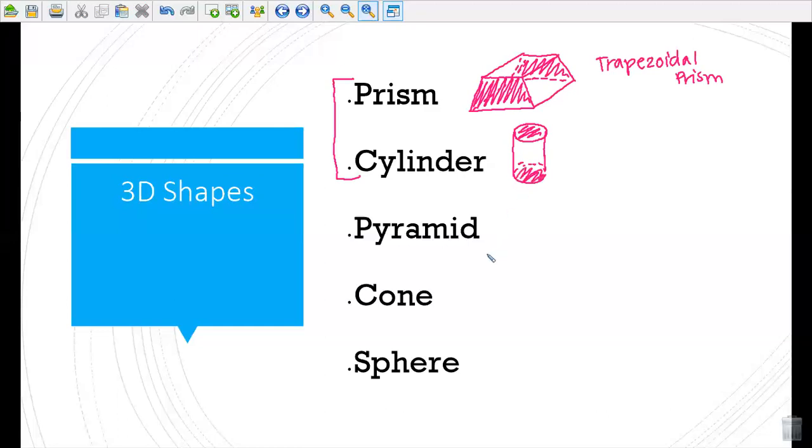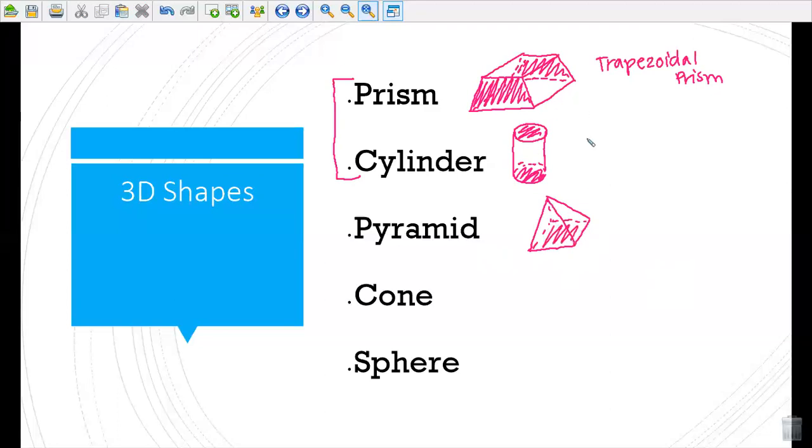Our pyramid, just like your Egyptian pyramids. We'll do a square pyramid. Your pyramid is going to have one base, and it comes to a point opposite that base. In this case, my base is a square.